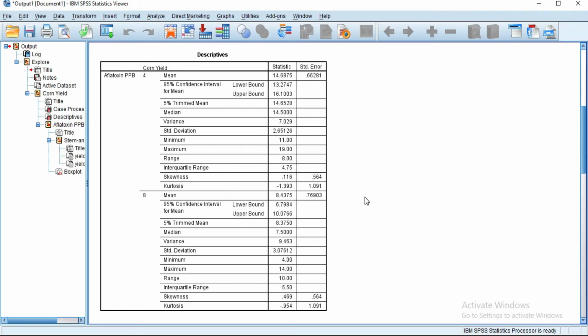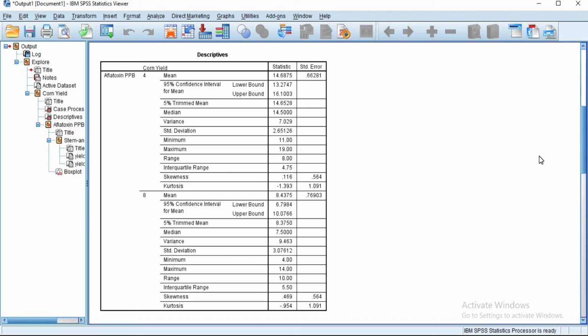And similarly, if you divide this kurtosis statistic by its standard error, this ratio is hardly 1.3, and that is not greater than 2.5, ignoring the negative sign. So you can see there is no significant kurtosis in the data. Neither the skewness nor the kurtosis is significant, so we can say that the yield number 4 sample is coming from a normally distributed population.